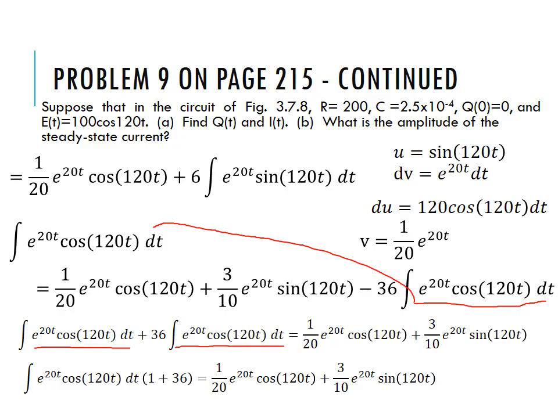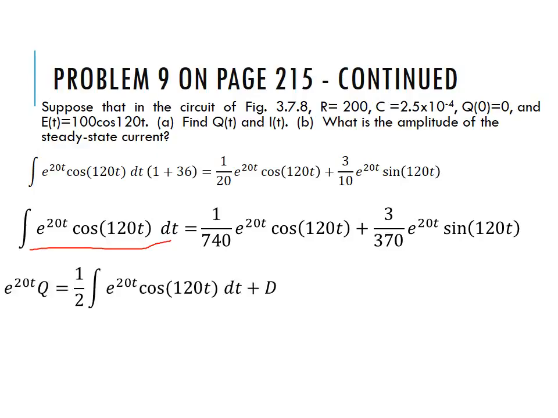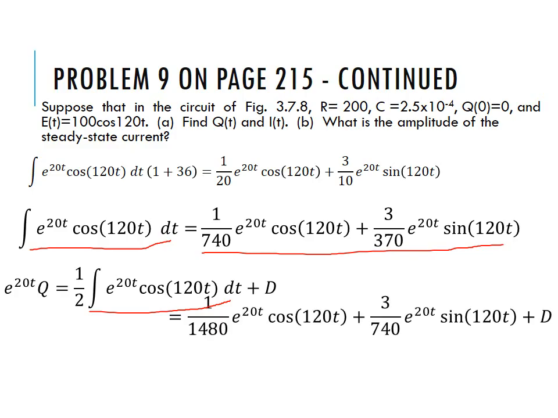And I'm left with the integral times some constant, in this case 37. Well, now I have the integral I was looking for, and I can plug it back into here. All I have to do is multiply this by 1/2, and if I do that, I get this expression.